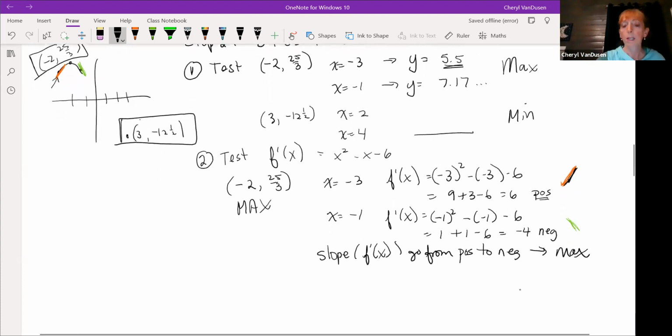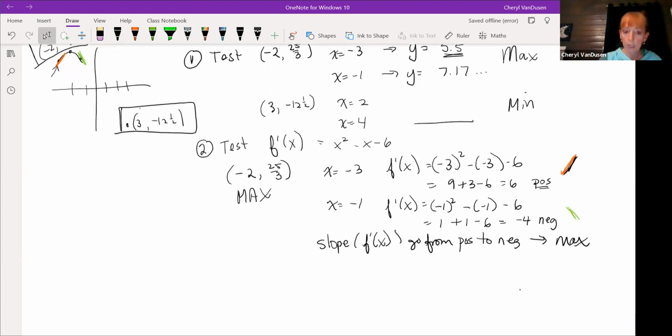And then again, repeat that idea for the next point. So 3 and minus 12.5, I have it that way. I might as well just leave it that way. And so we can test before and after. We're going to test x equals 2 and we'll test x equals 4. So in this case, we better have it going from negative to positive, right? To show that we have a minimum.